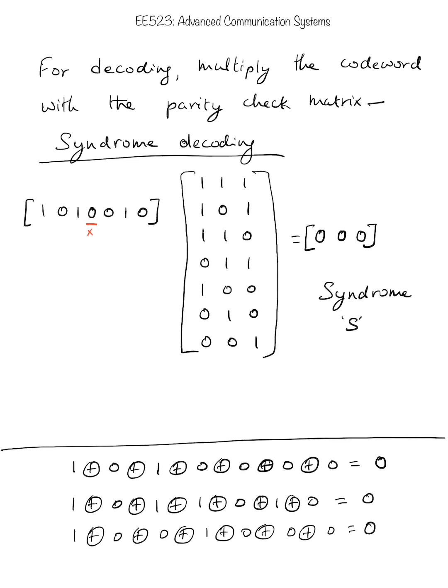Okay, so when this code word gets multiplied with the parity check matrix, what is the resulting syndrome that we get? So we'll do the calculations all over again and see what syndrome we get.